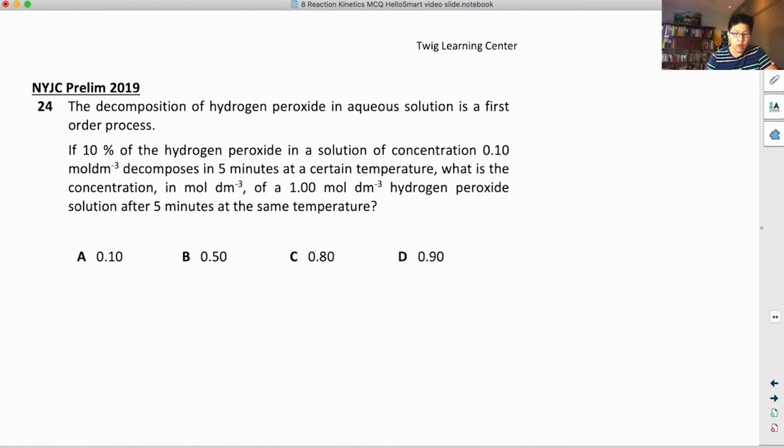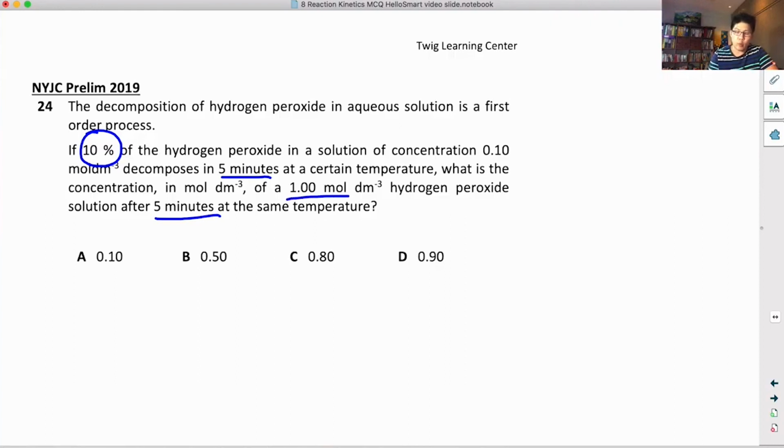Question 24. They say if 10% of hydrogen peroxide in a solution of concentration 0.1 mole per dm cube decomposes in 5 minutes, what is the concentration of 1 mole per dm cube of hydrogen peroxide after 5 minutes? If the time is the same, the percentage drop will also be the same. Since 10% drops in 5 minutes, in the next 5 minutes you drop by 10%.